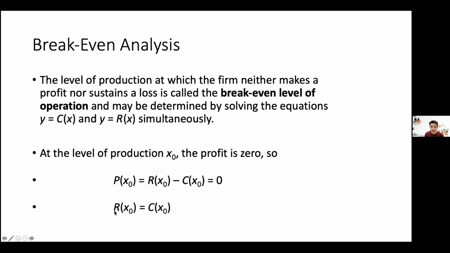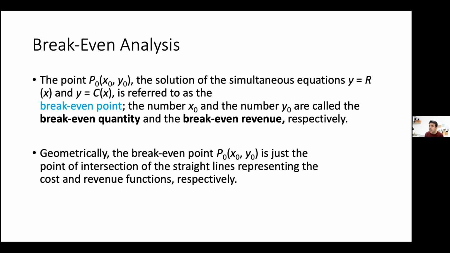So all the revenue is going to be all the cost for one specific volume, and that would be the level of production. So at the level of production X naught, the profit is 0. That's the meaning of the break-even point. We call that the break-even point.